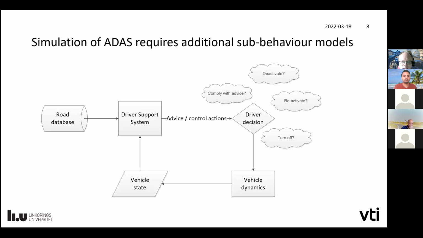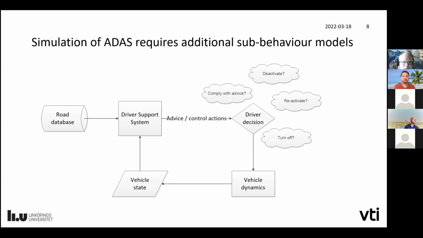So we also need to add driver decision modules: to what extent the driver complies with advice, if they deactivate the system, reactivate it, and so on. It might also mean that we need to model the vehicle dynamics a little bit more and keep track of the vehicle state in order to model the driver support system properly.